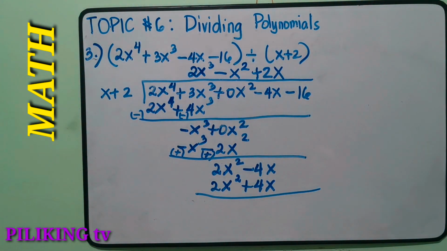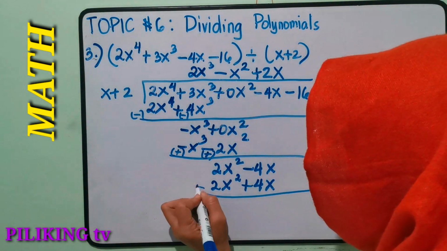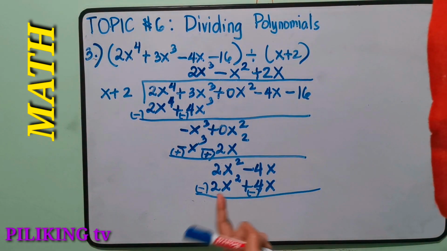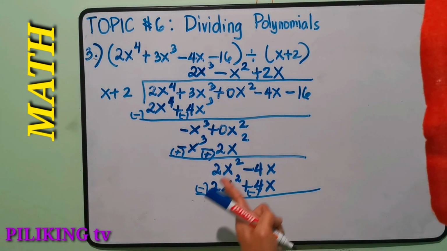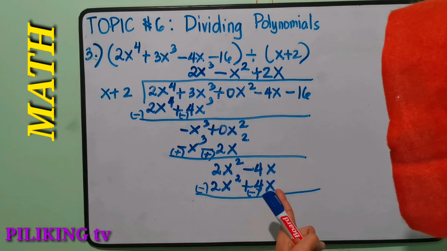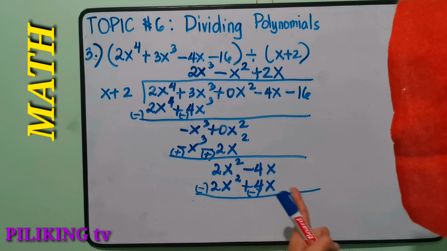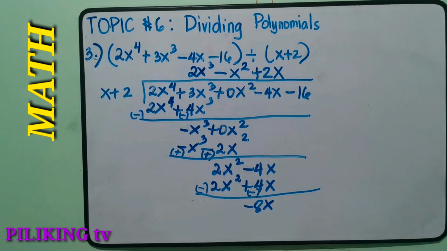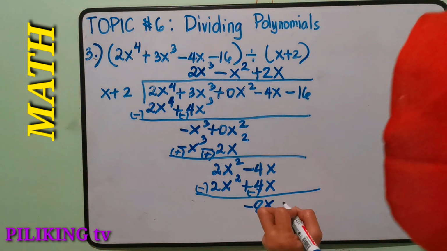Okay, subtract again. So this will be negative. Positive 4x becomes negative. And proceed to addition. So this will become 0. Okay, then what is negative 4 plus negative 4? Negative 4x plus negative 4x is negative 8x. Okay, then you bring down negative 16.